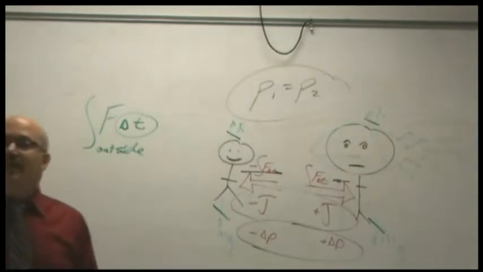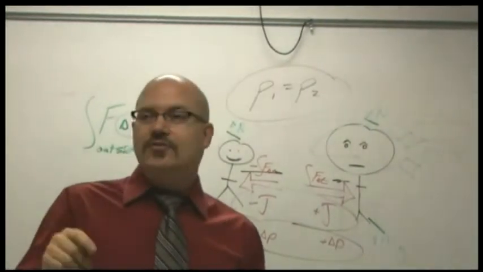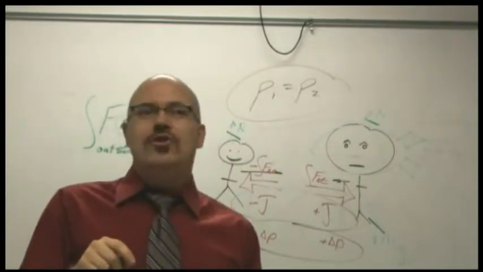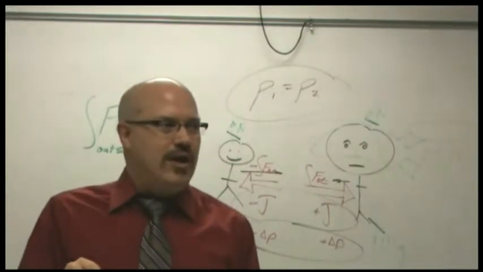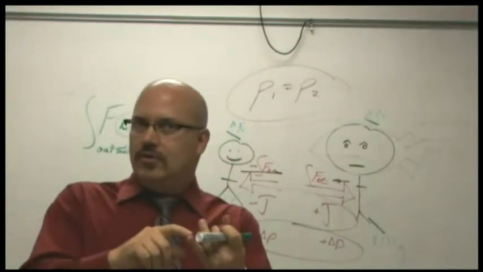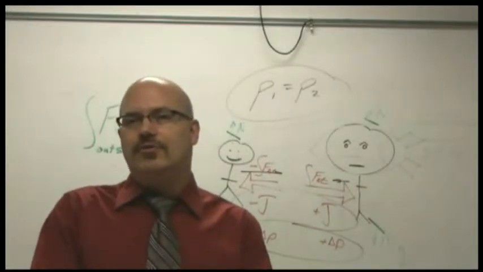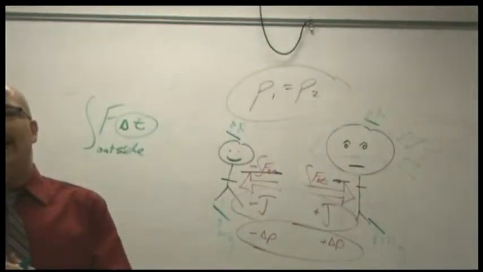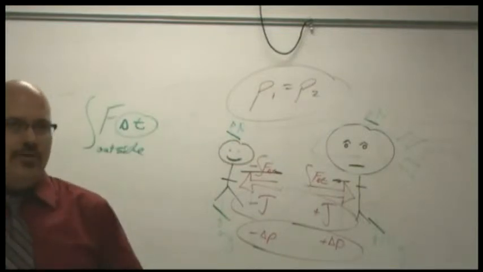Now, conservation of momentum, in this regard, is more powerful than conservation of energy. Because in conservation of energy, you couldn't have any outside forces. Well, you could have a few outside forces, right? You could have conservative outside forces, but no non-conservative forces, right? Also, in conservation of energy, if you had any kind of non-conservative forces at all, it fell apart, right?